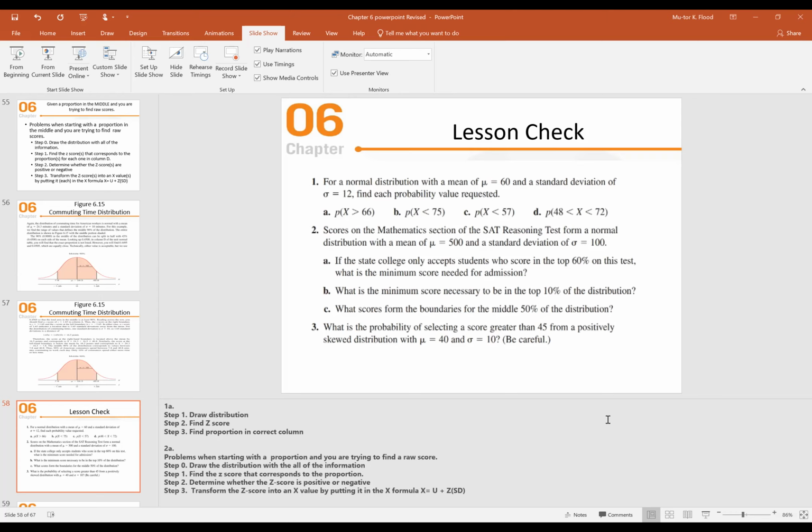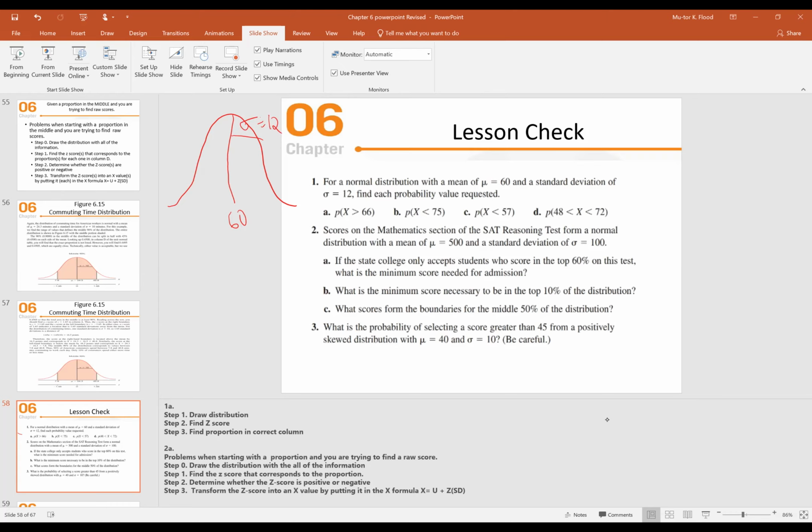So let's start with the probability of an X score being greater than 66. So here's our distribution. We're going to put our mean, and our population mean is 60, and our standard deviation is 12, and the score is 66.